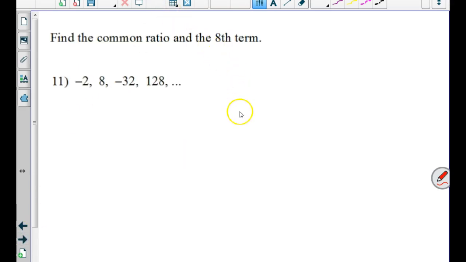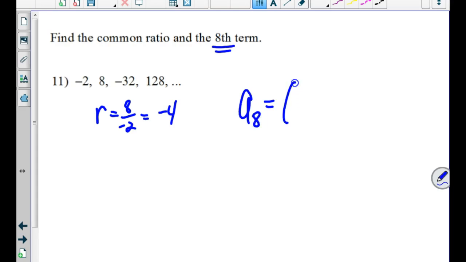All right, find the common ratio and the 8th term. The common ratio would be 8 over -2, or -4. So how can we find the 8th term? A sub 8 would be the first term of -2 times the ratio of -4. How many times?